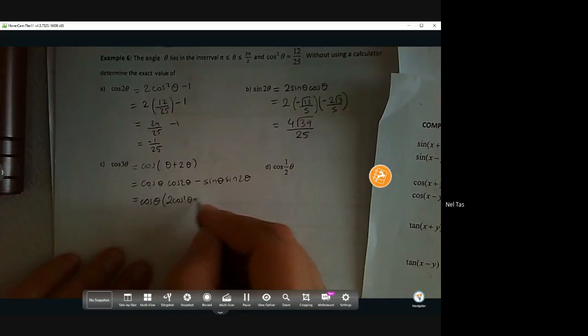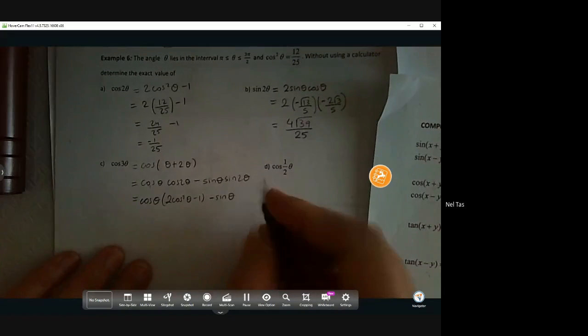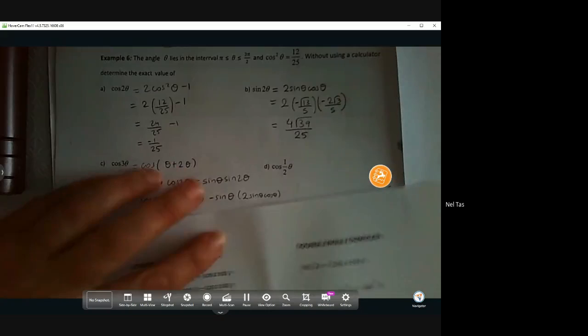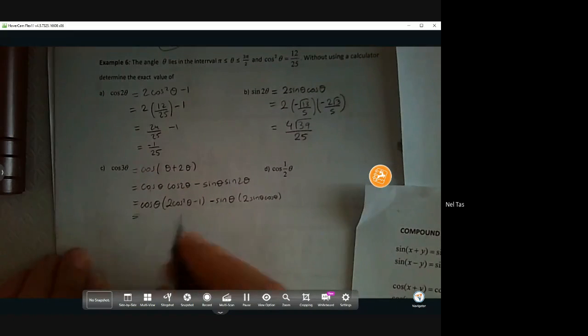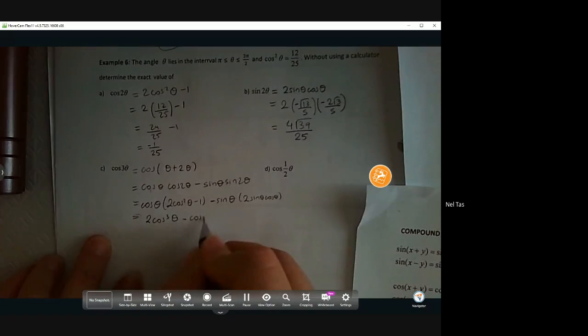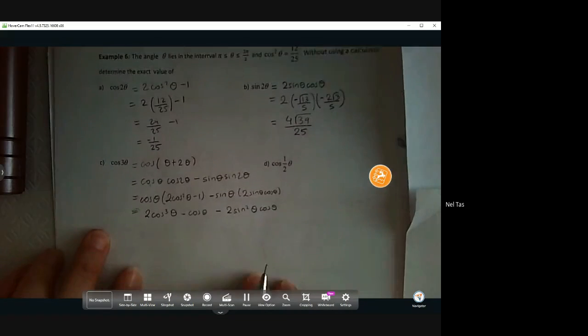I'm going to keep sine theta. And instead of sine 2 theta, I'm going to say this is 2 sine theta cos theta, using the sine 2x formula. So this will give us 2 cos cubed theta minus cos theta, just distribute. And here you get minus 2 sine squared theta cos theta.